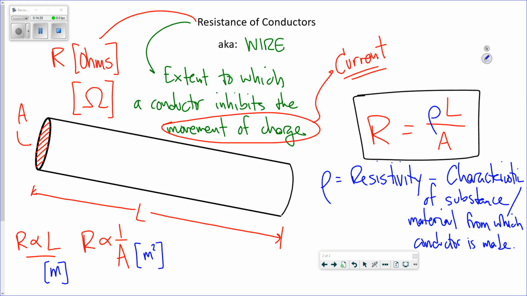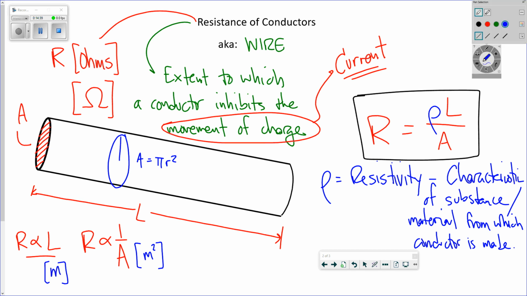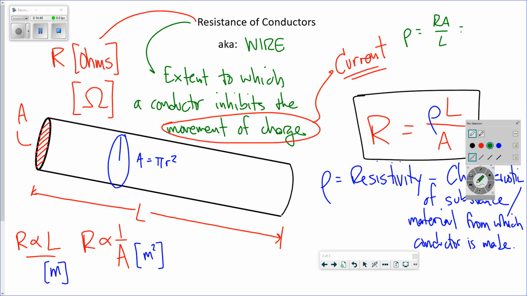If this is a cylindrical wire, that area is pi r squared, in meters squared. And so if we algebraically solve for resistivity, we get R A over L, which has the units of ohm meters squared per meter, thus the ohm meter.